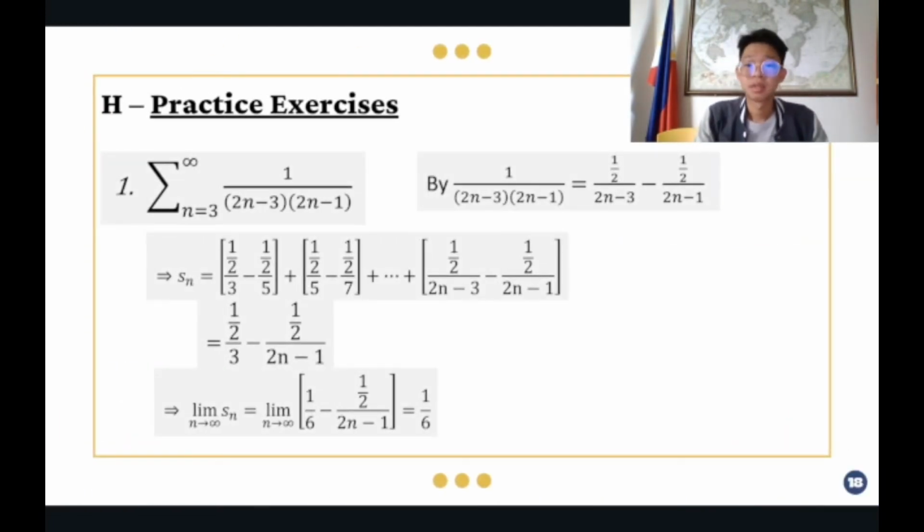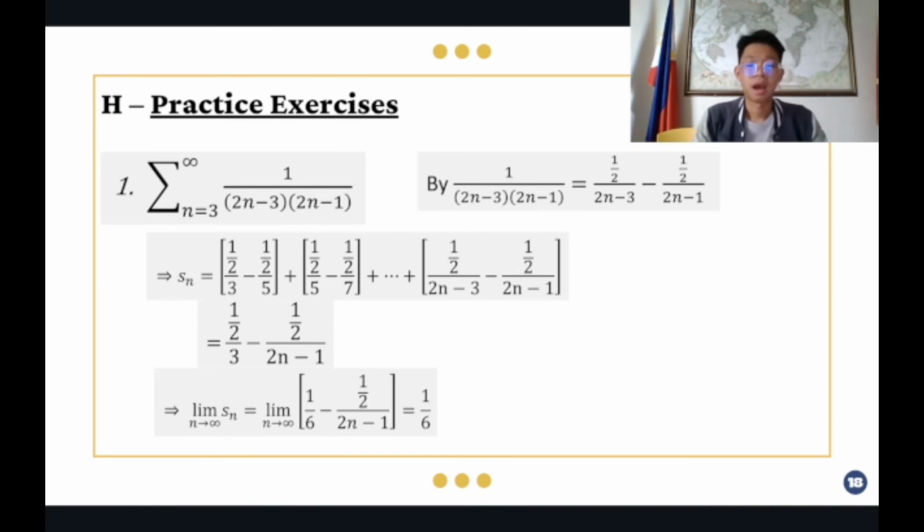Here, for the sum of 1 over (2n minus 3) times (2n minus 1) from 3 to infinity, we have 1 over (2n minus 3)(2n minus 1) equal to 1 over 2 times 1 over (2n minus 3) minus 1 over 2 times 1 over (2n minus 1), so that sn equals 1 over 2 times 1 over 3 minus 1 over 2 times 1 over 5 plus 1 over 2 times 1 over 5 minus 1 over 2 times 1 over 7 plus dot dot dot plus 1 over 2 times 1 over (2n minus 3) minus 1 over 2 times 1 over (2n minus 1), equal to 1 over 2 times 1 over 3 minus 1 over 2 times 1 over (2n minus 1).